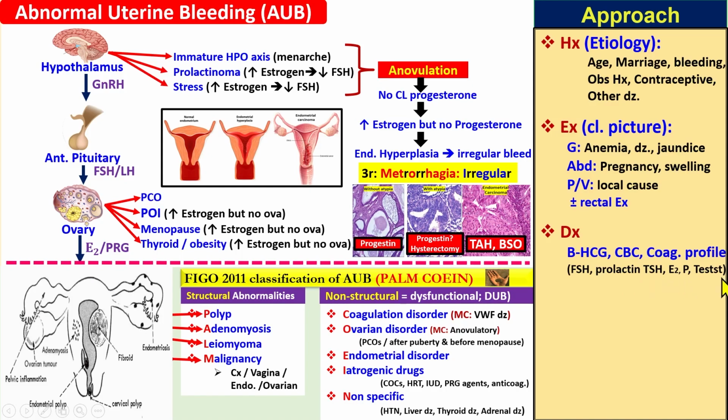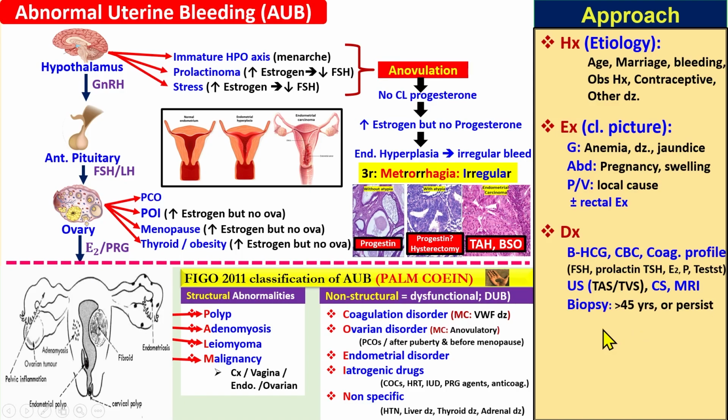This will give the details of the problem. Okay, and undergo ultrasound, abdominal or vaginal sonography, where you find structural abnormalities, and if you want to investigate further, you go for CT scan or MRI for the soft tissue.